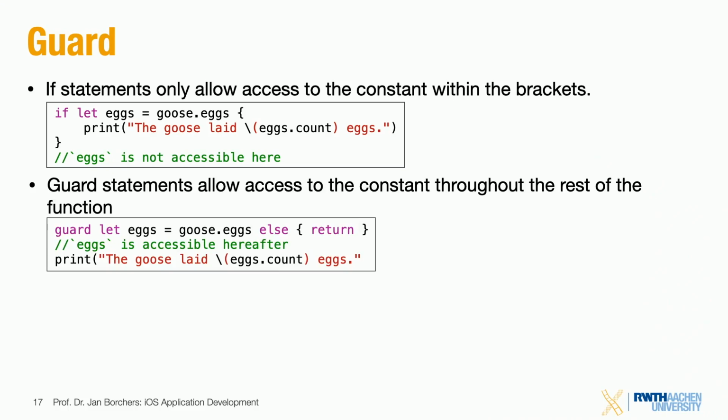If I am after the guard statement, I know that this optional was set and is now unwrapped. So if I have guard let x equals the goose's x, and if that doesn't work, then I'm returning. I know that x was not set. But after that, I can access x.count or the x variable that I have set. At this point, I am sure that the optional was set, and I can continue working with that.